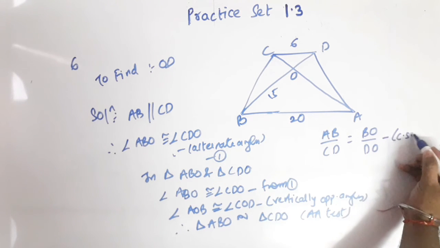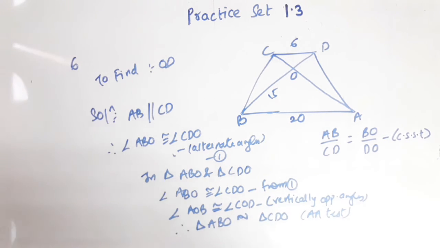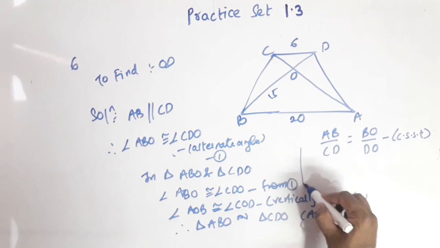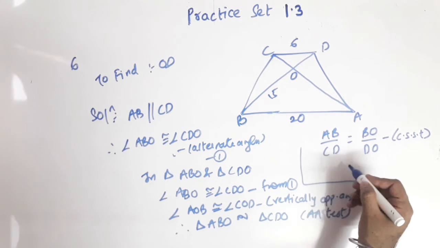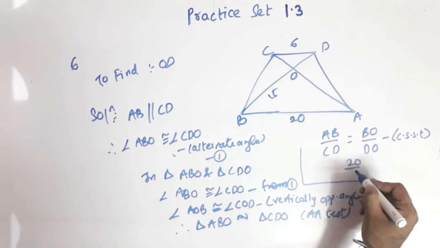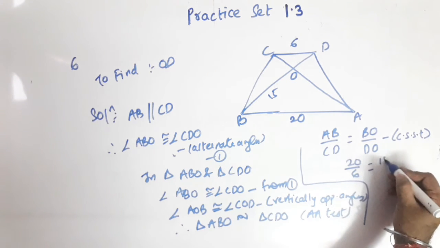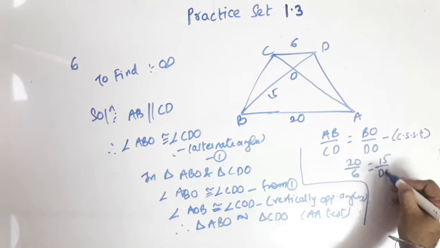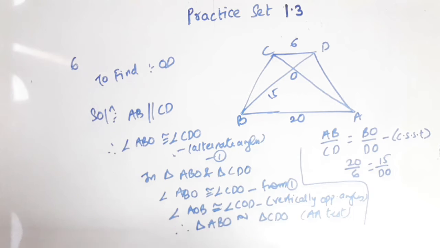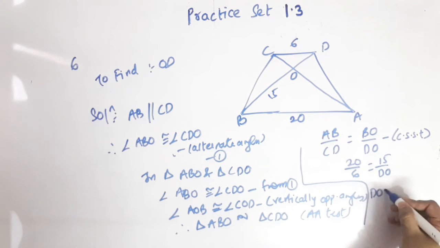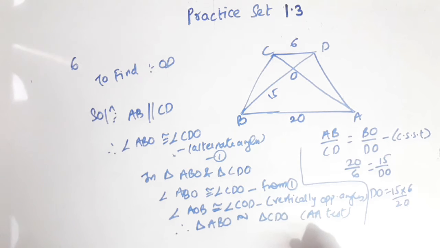So write this as CSST. Okay, simple. Now write their values and cross multiply. AB is 20, CD is 6, BO is 15, and DO we have to find. So cross multiply. DO is equal to 15 into 6 by 20.